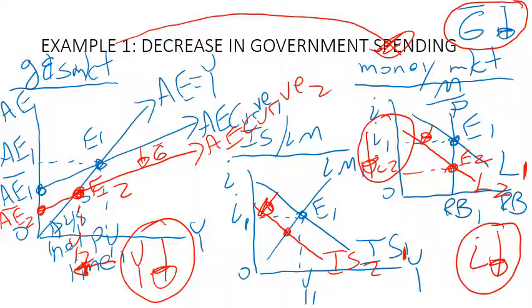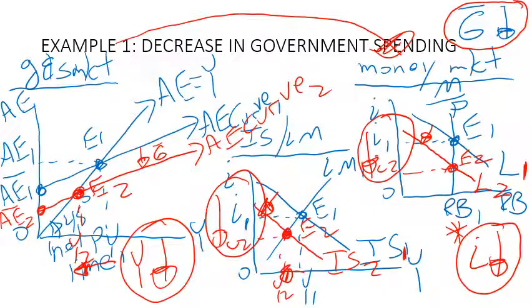So equilibrium would move from E1 to E2, and as you see, interest rates fall, but we already knew that from our money market analysis, and GDP decreases. Well, we already knew that from our goods and services market analysis here.